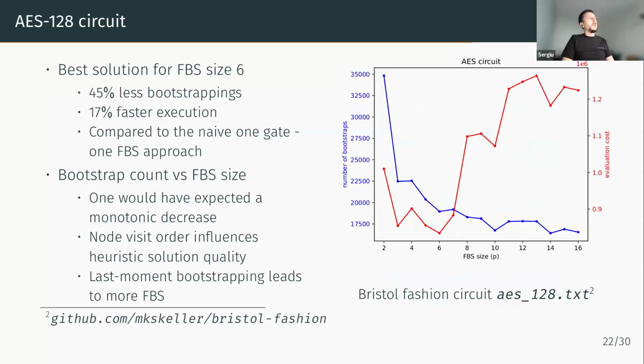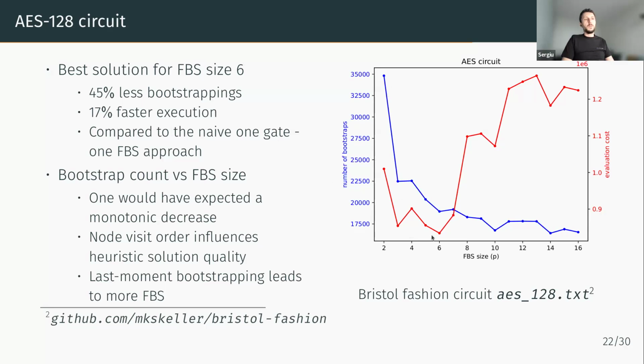For example, for the AES circuit, on the left-hand side, we have projected the number of bootstraps and the evaluation cost in red as a function of functional bootstrapping size of the solution obtained by our heuristic. So in the case of 2 is the input circuit, which uses one gate, one functional bootstrapping.